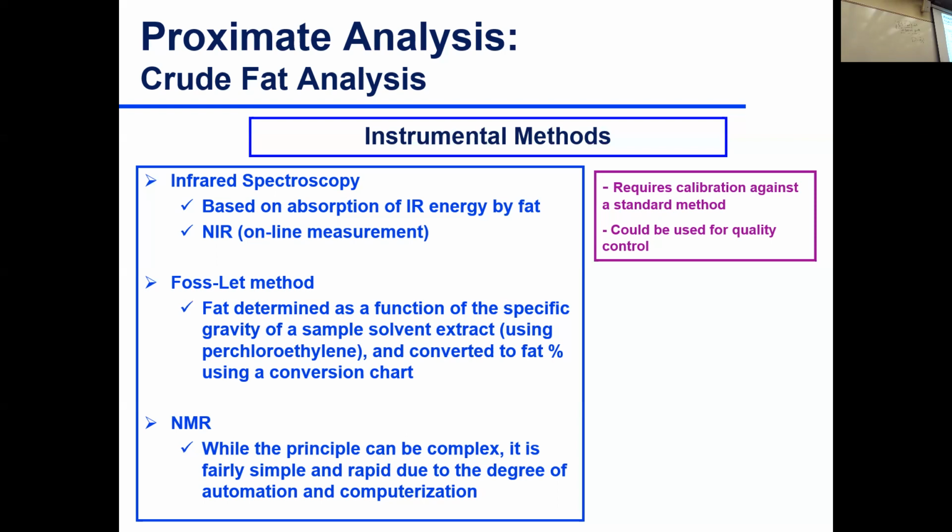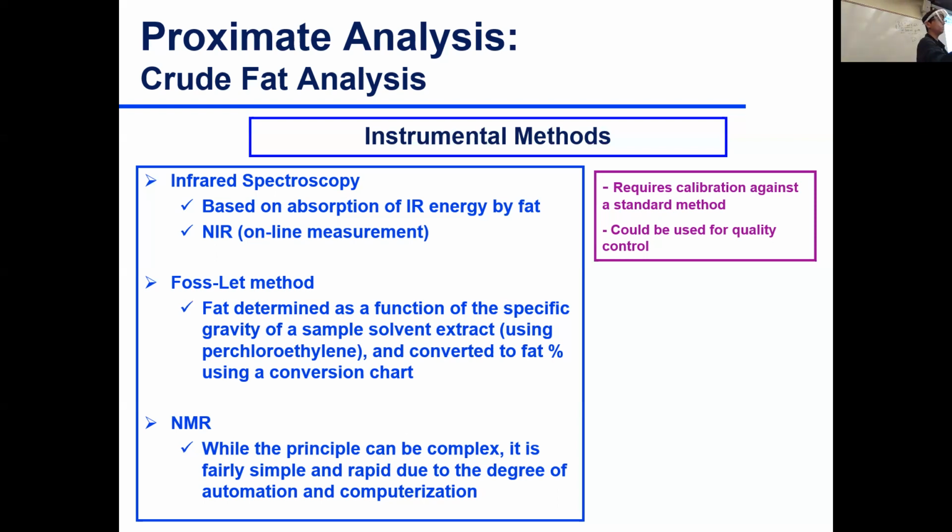The way you calibrate an IR unit is, let's say you're measuring fat content in milk, you would prepare milk samples that have different fat contents. You actually prepare your standards to be the milk sample at different fat concentrations.